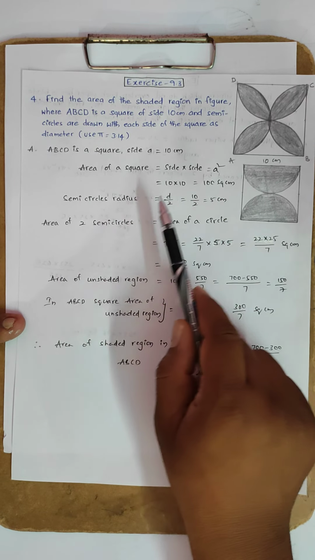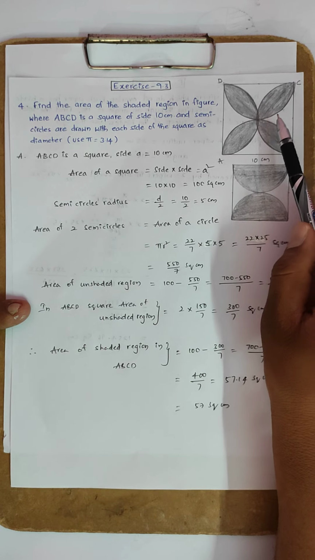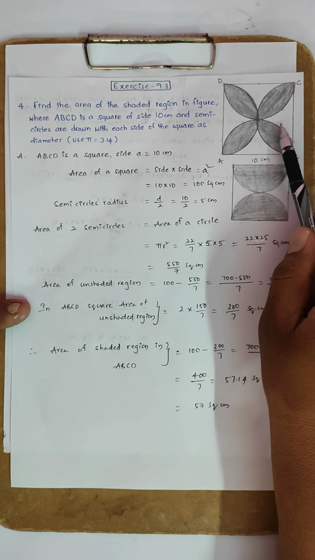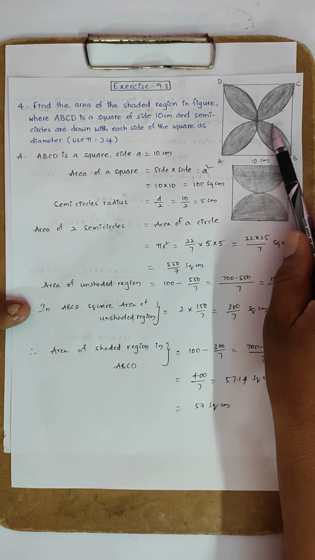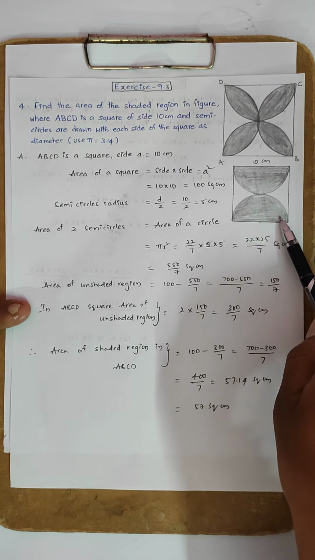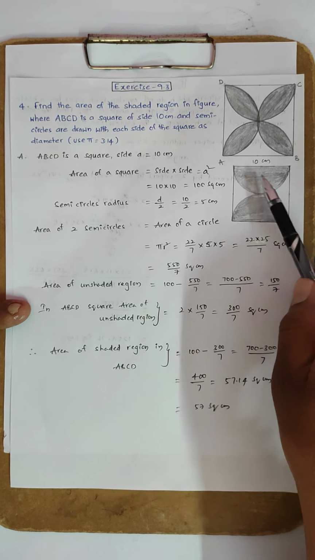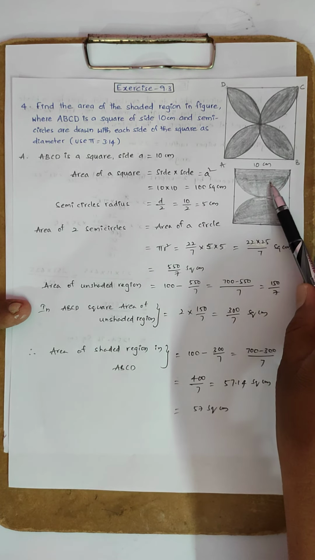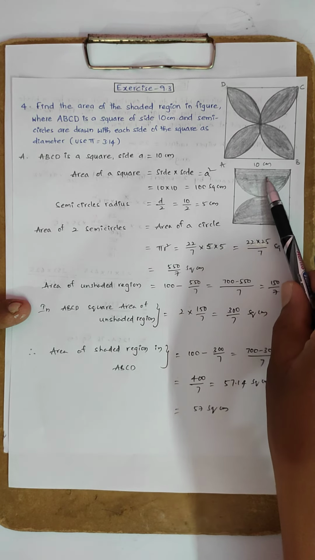How can we find the area of this shaded region? It is not given directly; using some points we can find the area of this shaded part. For understanding purposes I drew this diagram. See, this is a half circle and this is a half circle, meaning semicircles.